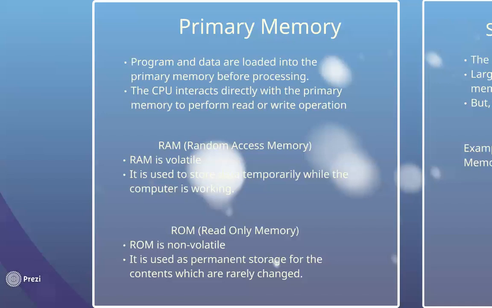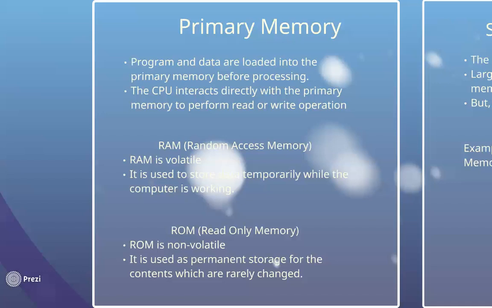Every time you switch on your system, those programs, those softwares get executed. So instructions regarding those softwares and a certain part of them get stored in ROM. So manufacturers store the information which is rarely changed in ROM.